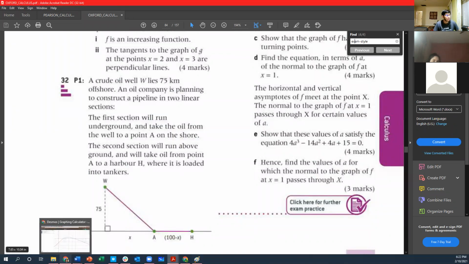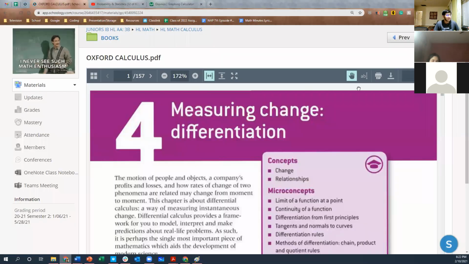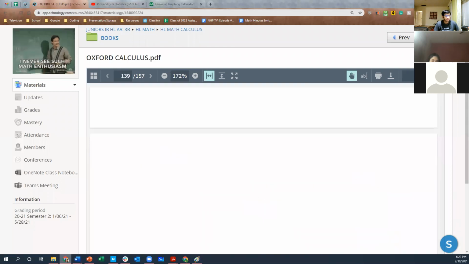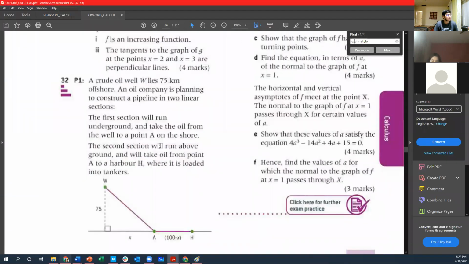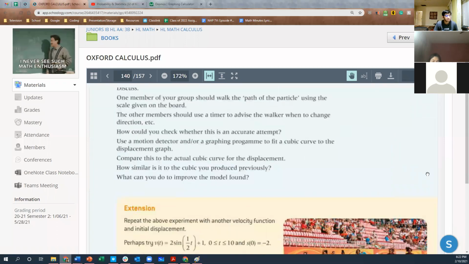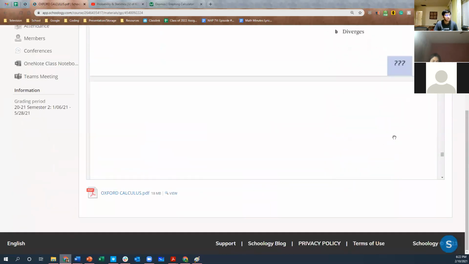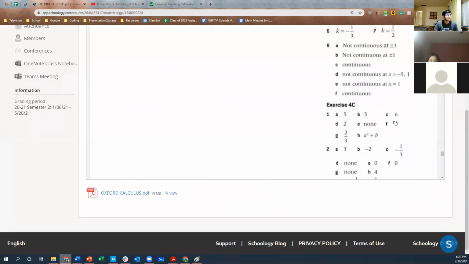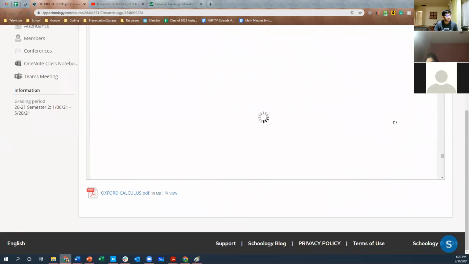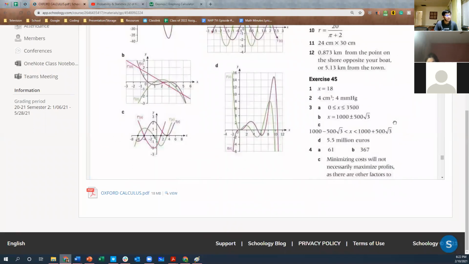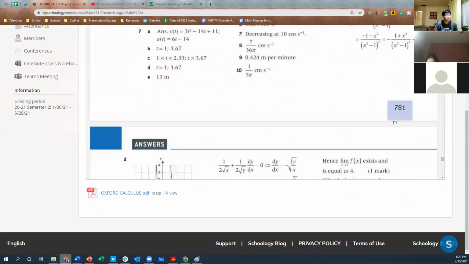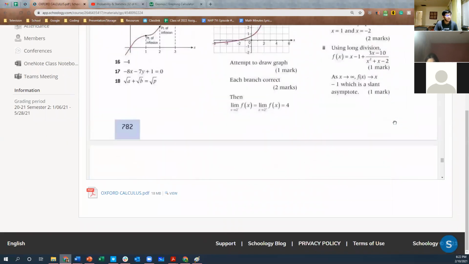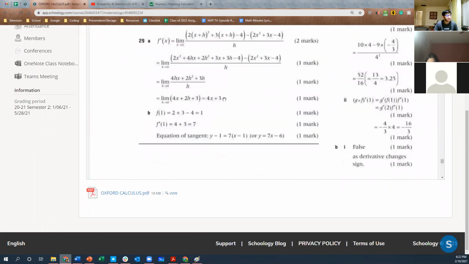Number 32, paper 1. And let's scroll down to the solutions so we make sure to have that. Give me just a moment, I can find it on here. Chapter review. You guys see it? Exam questions. We're on number 32, right?